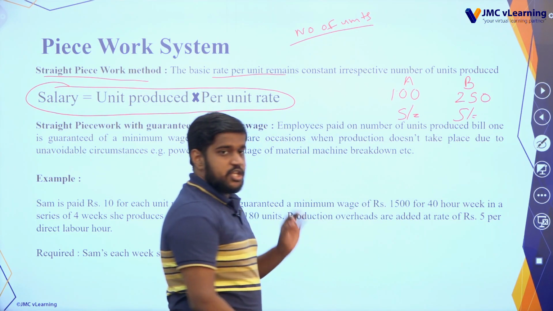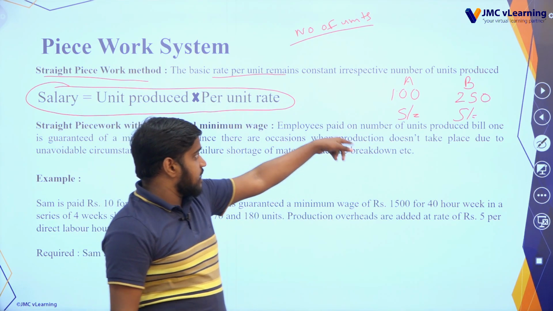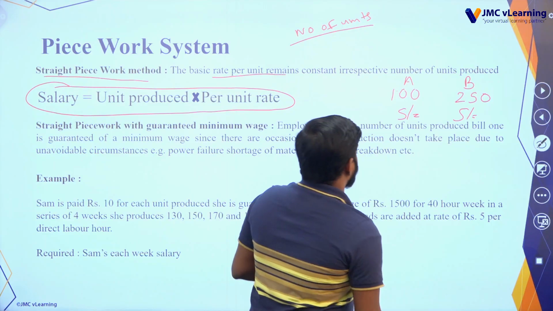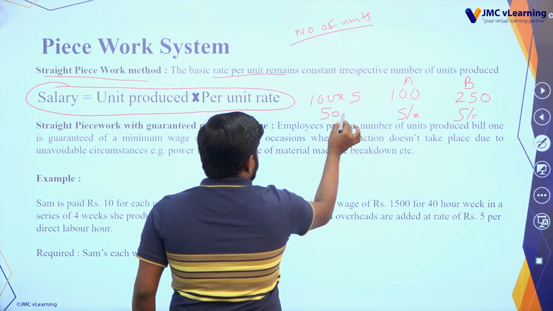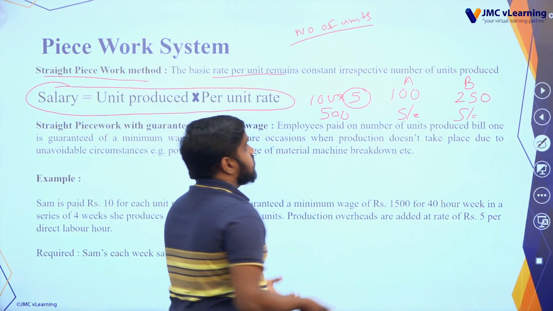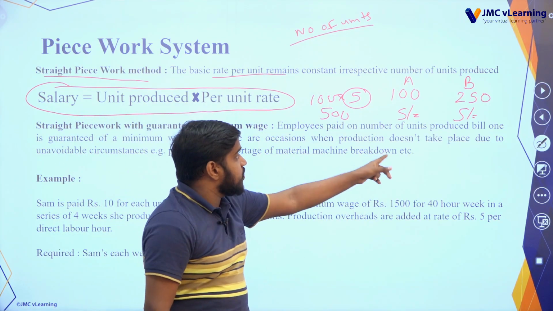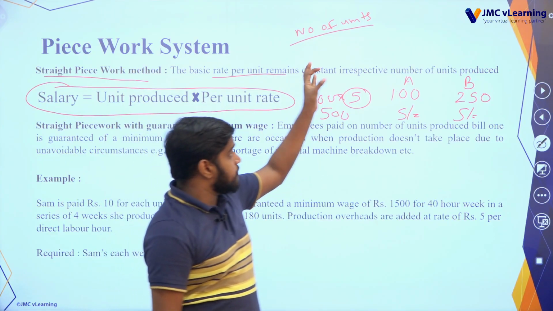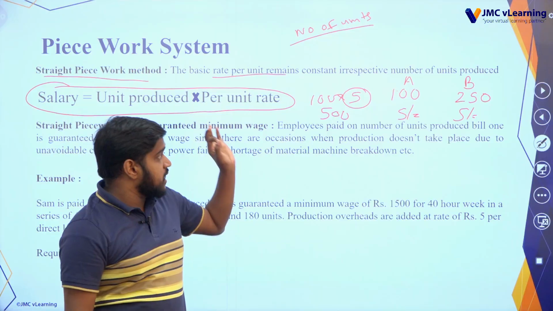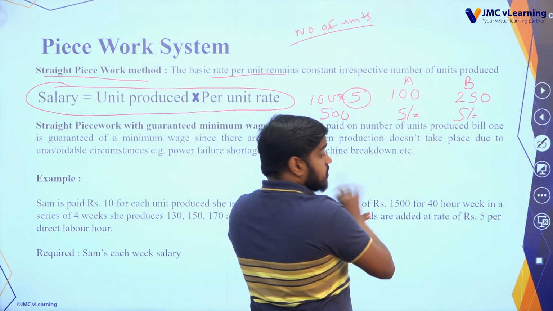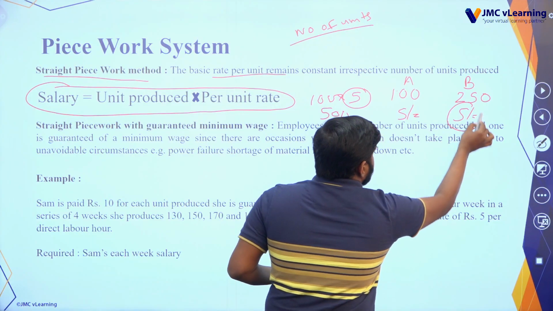When we consider the salary of A, we get 100 multiplied by 5, which is 500. Whatever the number of units produced by A, our per unit rate is 5. When we come to B, same thing, without considering the number of units produced, our per unit rate is 5.